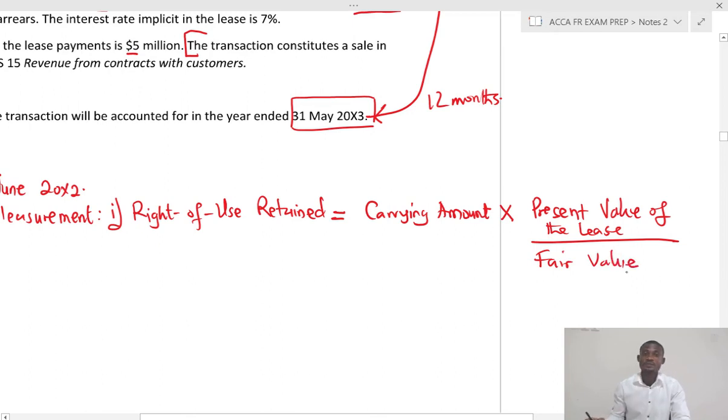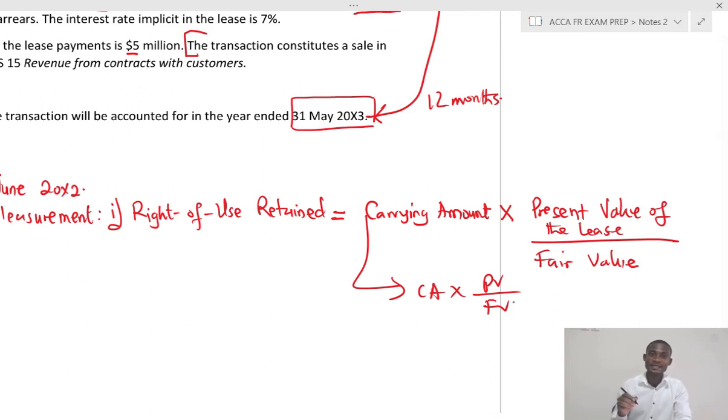Very important. So to break it down, this will be carrying amount times present value of lease over fair value. And this is how we account for the right of use retained in the asset. And this is a must-learn.